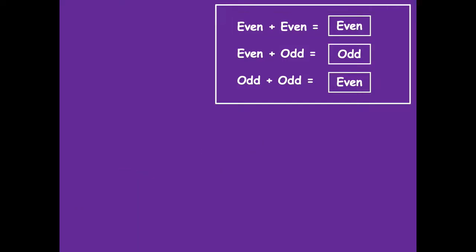All right, let's try another one. So 22 plus 3. Is 22 even or odd? Yeah, it's even, right? Because of the 2 in the ones place. So let's label that even. Is 3 even or odd? Yeah, it's odd, right? So we'll label that one. What's 22 plus 3? 25.